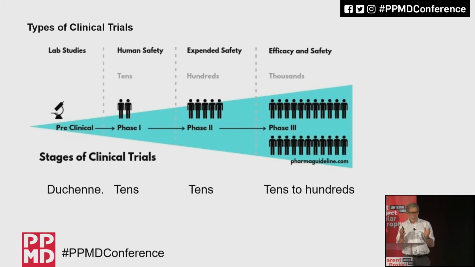And then in the phase 3 trials, we actually have drugs approved in the rare disease space with as few as 8 individuals, and a drug was approved in the Duchenne space with actually 12 individuals having been treated for years of time. But in general, the studies are comparing tens of individuals to hundreds of individuals.